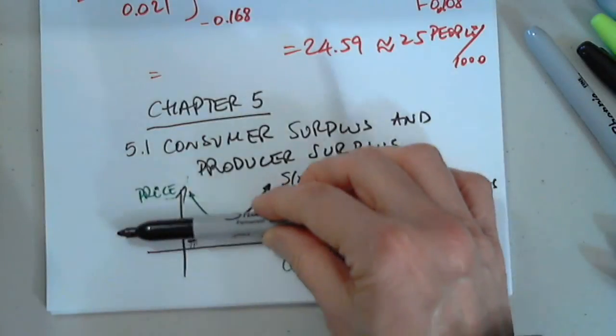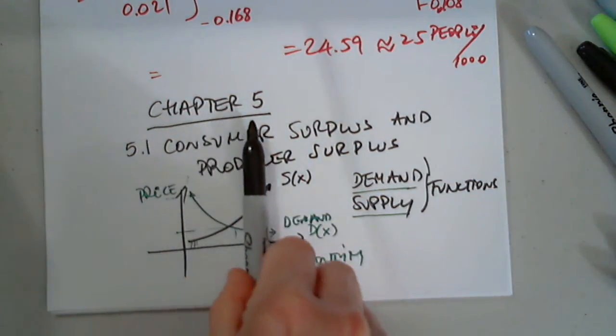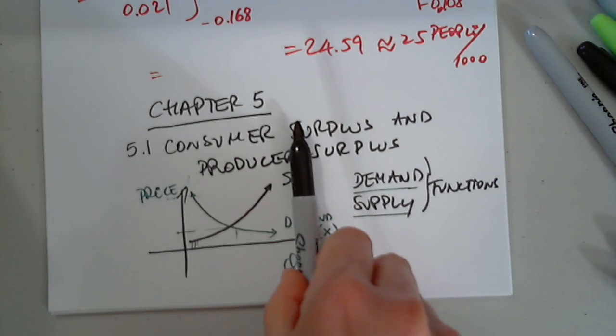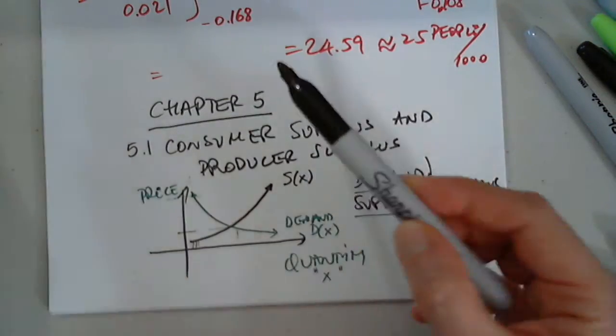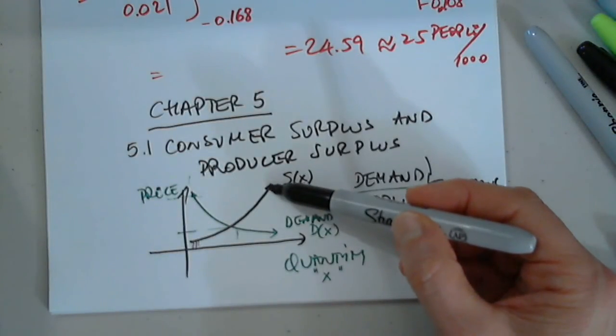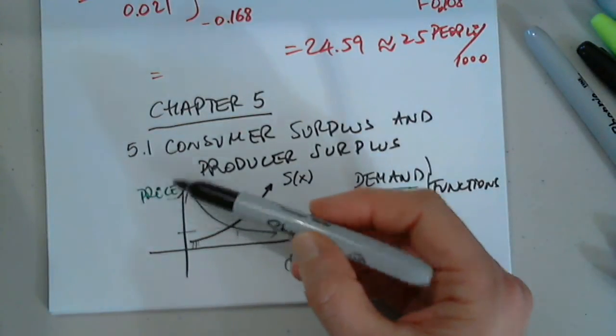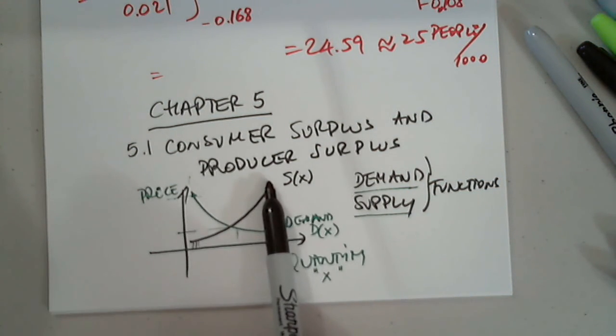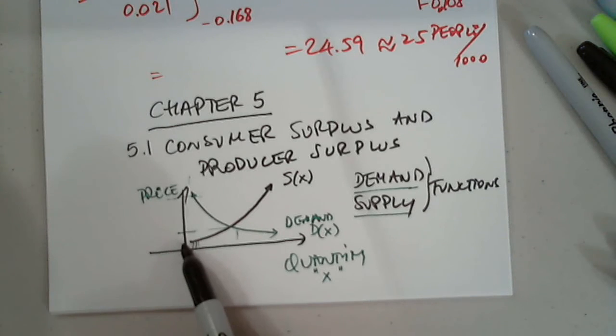The higher the price, the bigger the supply, they want to produce more. When the price is higher, they want to produce a higher quantity. But for a lower price, they want to produce a small quantity.